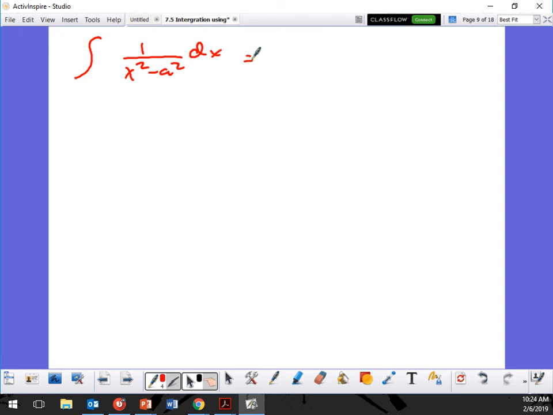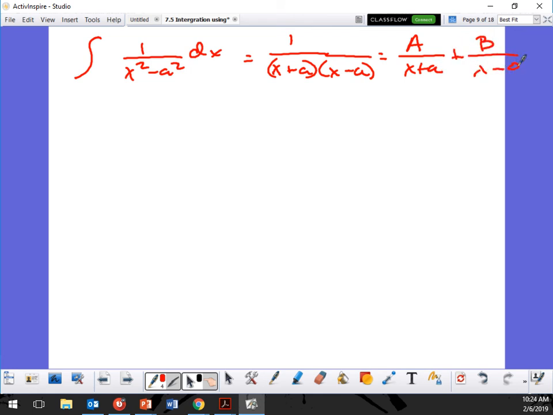So I know that's going to come out to be 1 over x plus a and x minus a, right? So that should be equal to a over x plus a plus b over x minus a. Yes? Yeah.